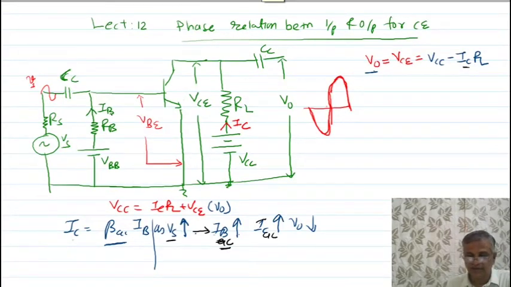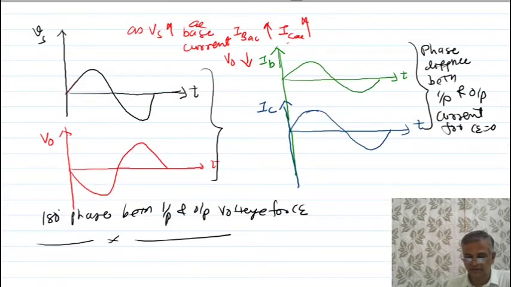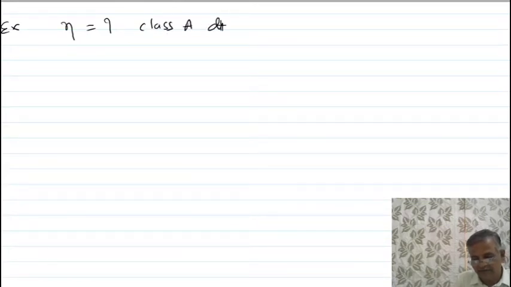Now let us discuss one numerical for the conversion efficiency. So I am taking the numerical. Determine the conversion efficiency of a class A direct coupled resistive load amplifier.